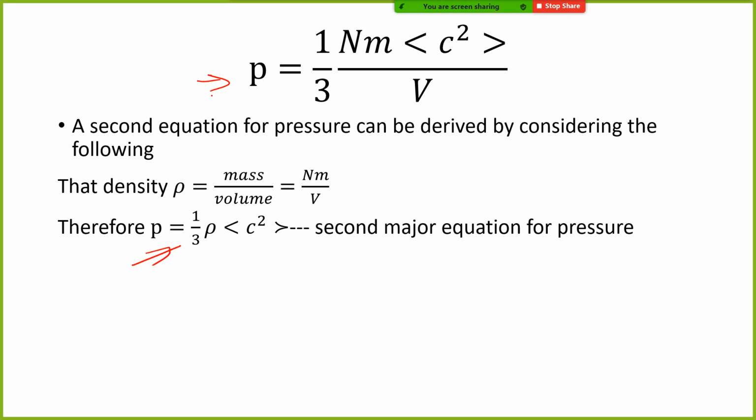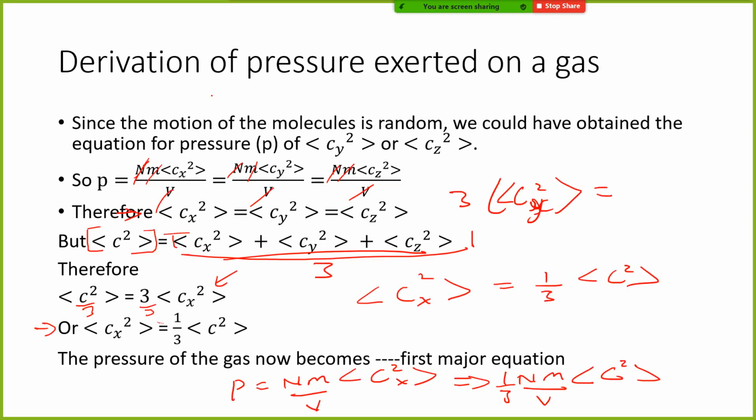That pressure is the same pressure that will be exerted on the y-axis and also on the z-axis. So once you know the pressure on one axis, it counts for all the other axes, because all of these pressures are equal.